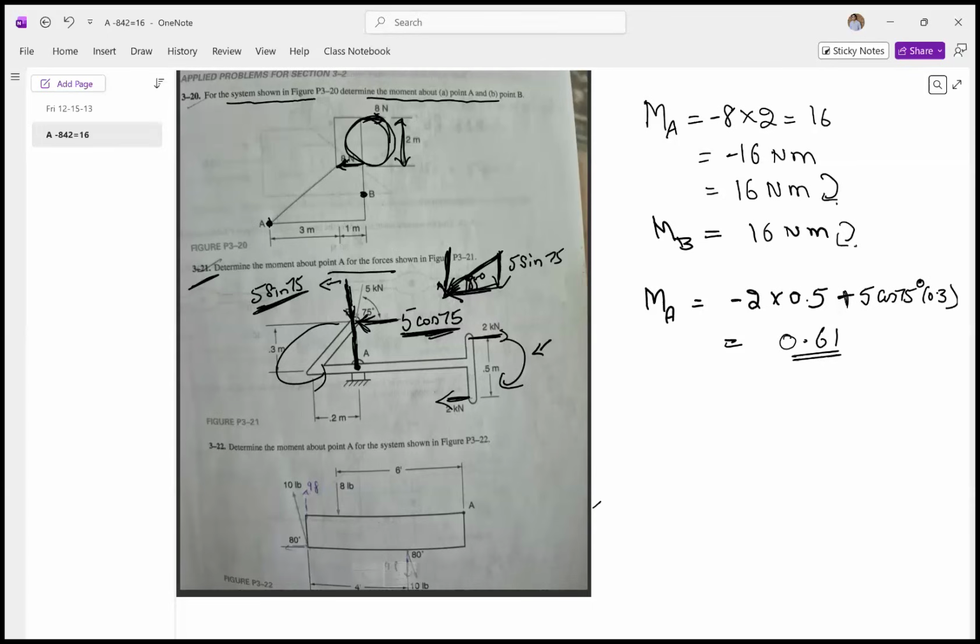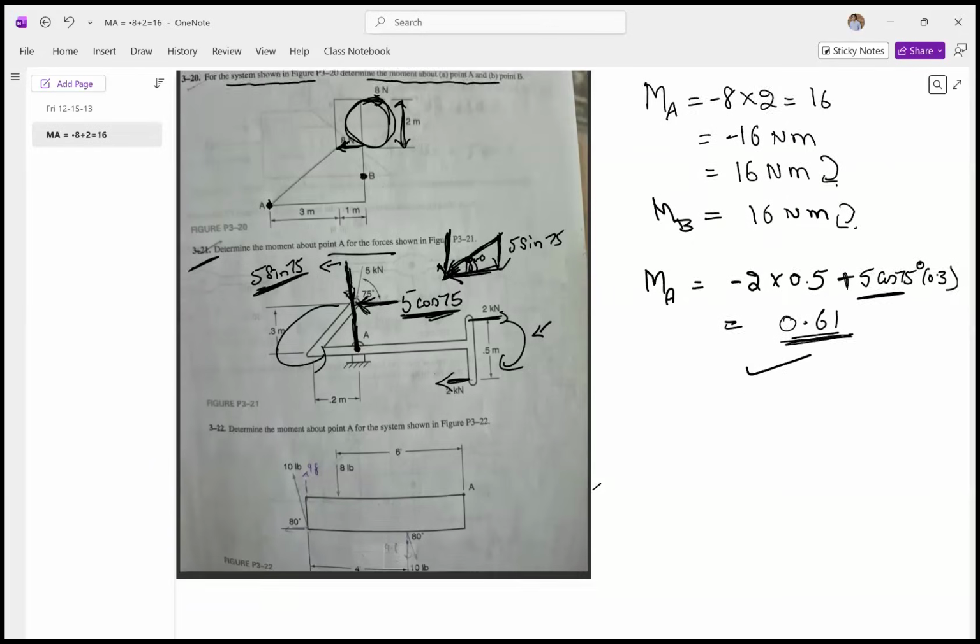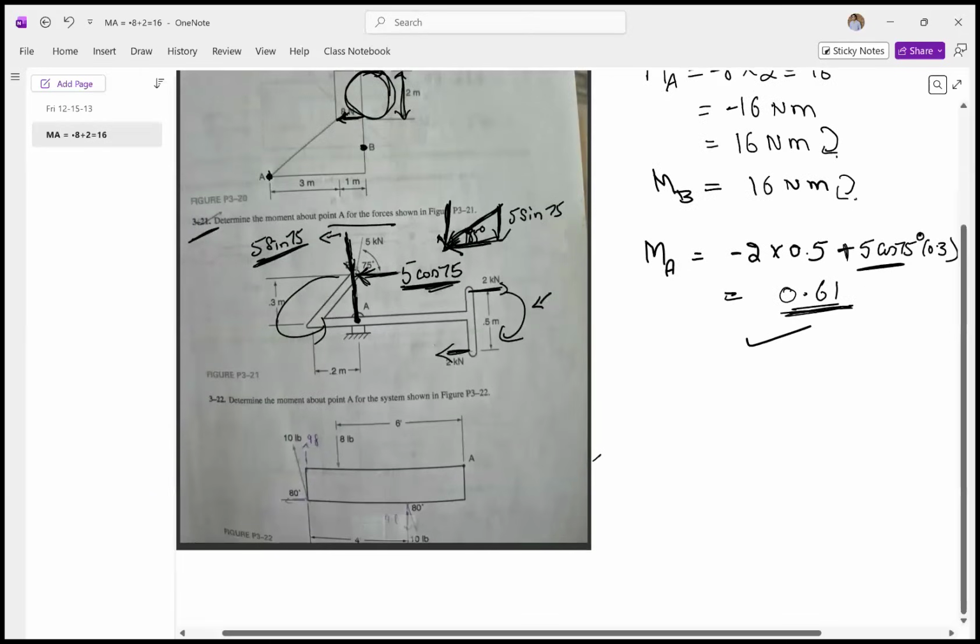So I'll press 75 cos of that, and multiply by 5. 1.3. That's right. So this is the value you're going to get. I was just checking the value of this. All right. So hopefully you were able to understand how to solve this question.